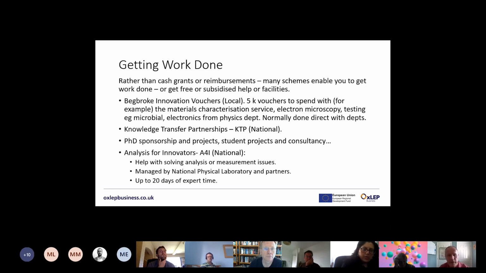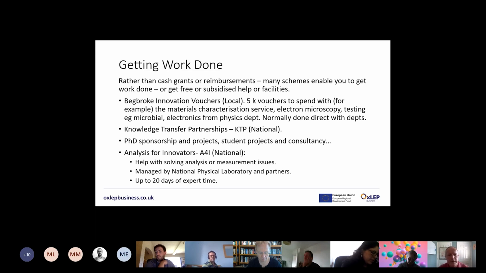Knowledge transfer partnerships I mentioned before. If you're interested in those, they're competitive, they're strategic, they take time to set up, but they're a very powerful way of getting work done by some young people, typically postgraduate researchers that might end up being employees, you never know.